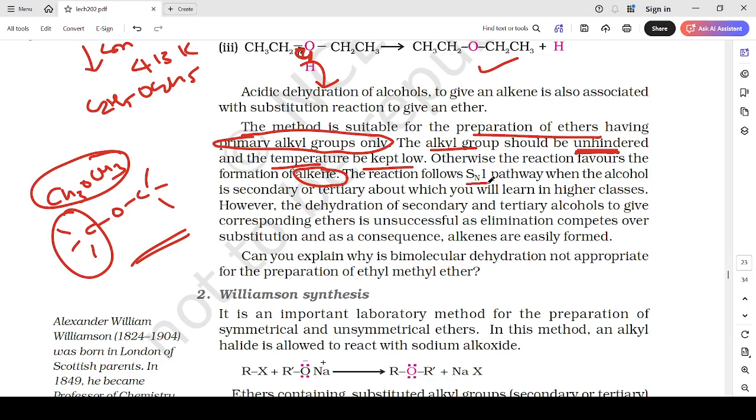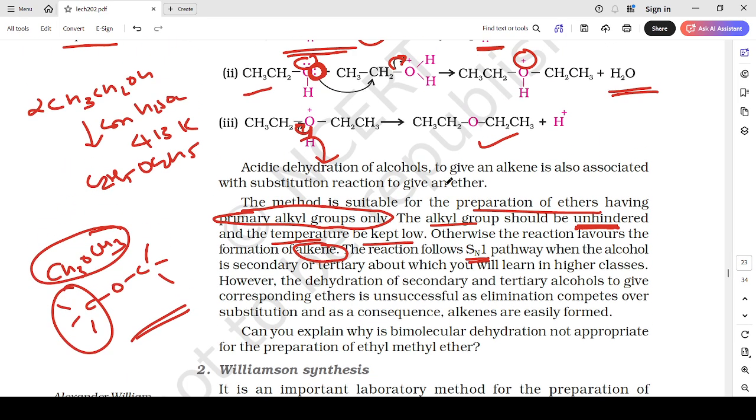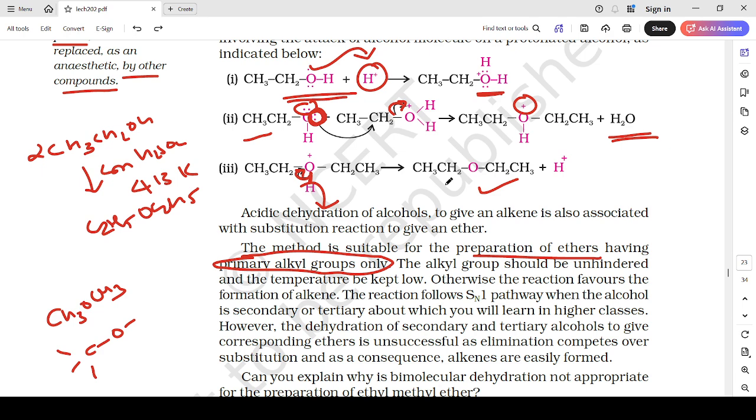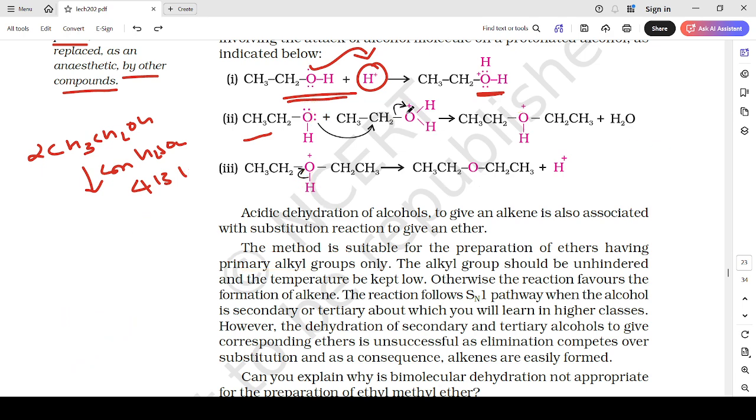The reaction follows the SN1 pathway. You are creating a carbonium ion here. Once it moves out, you will form CH3CH2 plus. Now the nucleophile is attacking it. It follows the SN1 pathway when the alcohol is secondary or tertiary, about which you will learn in higher classes. So in this reaction, in this step, you can see the direct attack is happening.